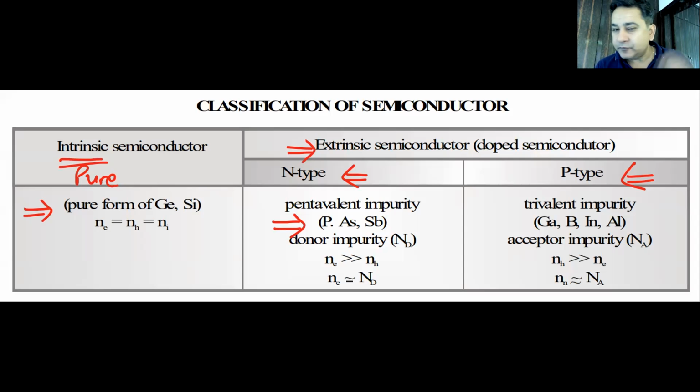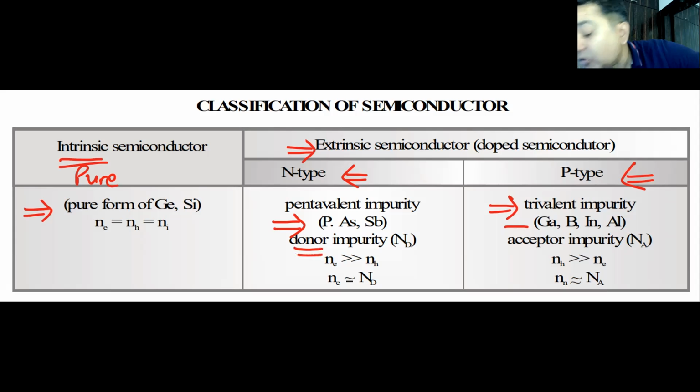For a P type, positive type, we add a trivalent impurity, an atom which has 3 electrons in the outermost shell: gallium, boron, aluminum, and so on. We can add that atom. N type are also known as donor because they have 1 extra electron, so they can donate 1 extra electron, negative.